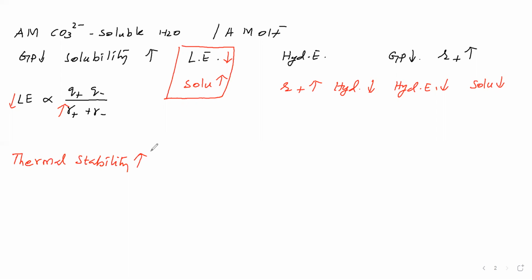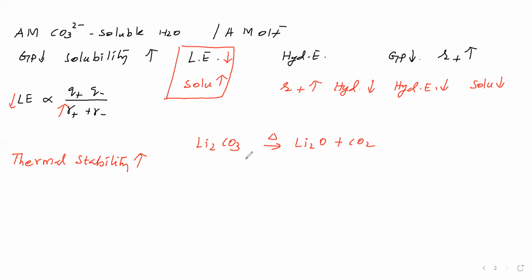Why is it so? Let us take lithium carbonate. On heating, it decomposes to give lithium oxide and carbon dioxide. All the metal carbonates decompose to give metal oxide and carbon dioxide. The metal oxide on further decomposition gives metal and oxygen, for silver and mercury.